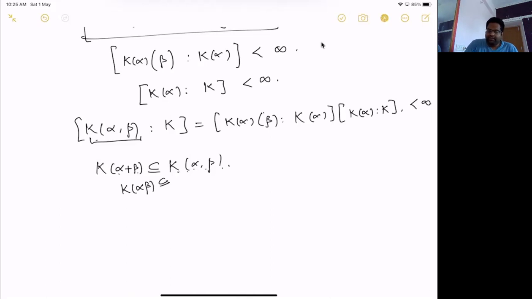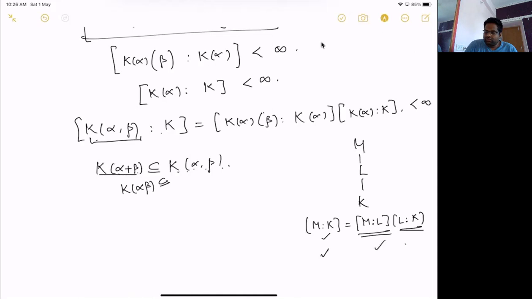So you have a finite extension, and a subextension of it must also be finite. This is again by the tower law. So you have [M:K] equals [M:L] times [L:K]. If these two are finite, this must be finite. If this is finite, these two are finite.